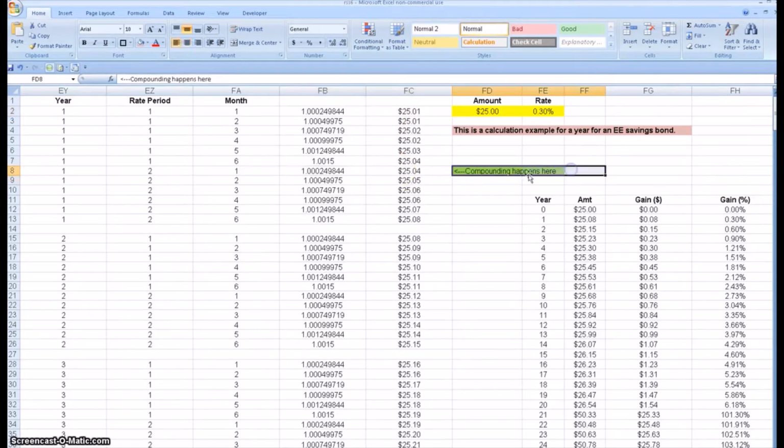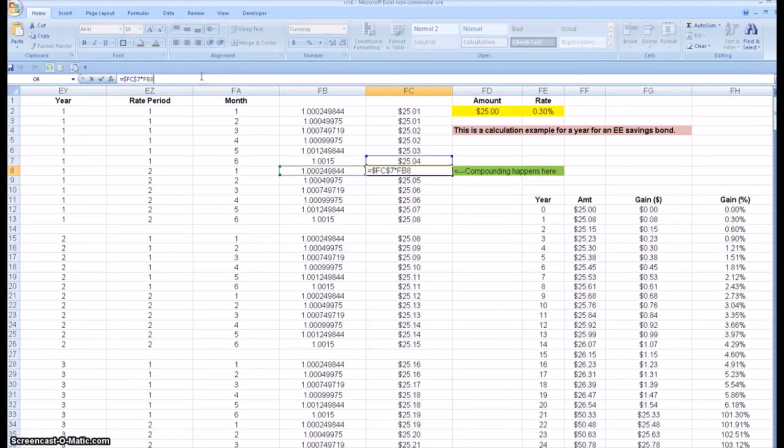Basically, the compounding happens here. Instead of multiplying 25 by this factor, you multiply the previous value, this 25.04. That value becomes the new face value, so to speak. And then you go down to the next month, and again you use the 25.04.